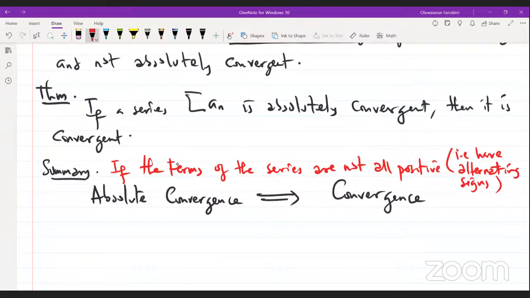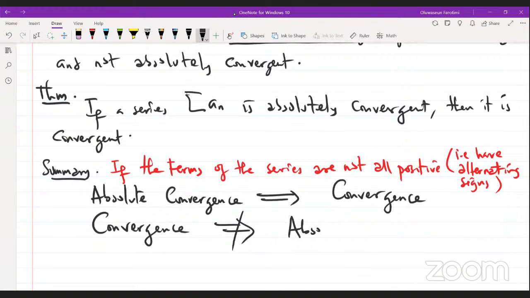What does it mean? When you check for absolute convergence, that implies convergence. However, convergence does not imply absolute convergence.